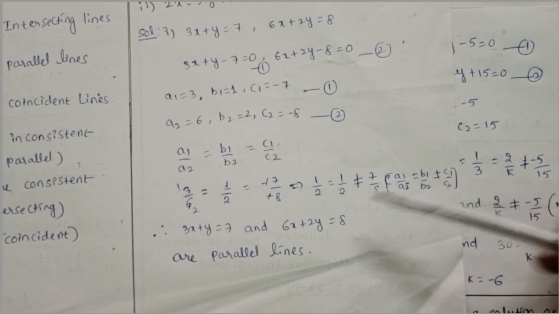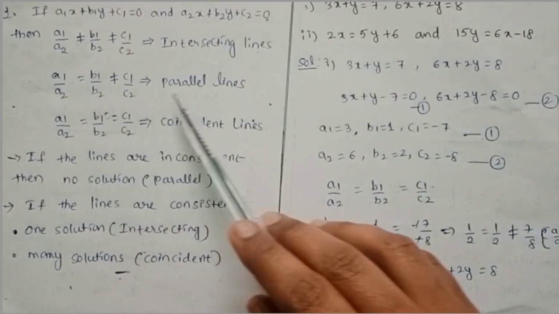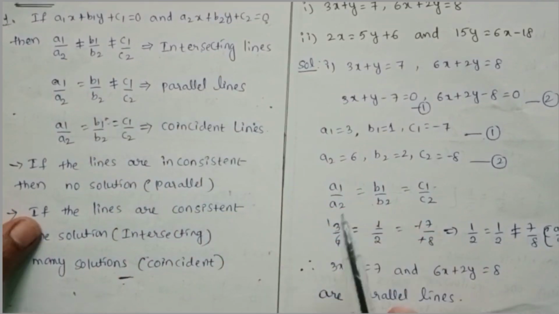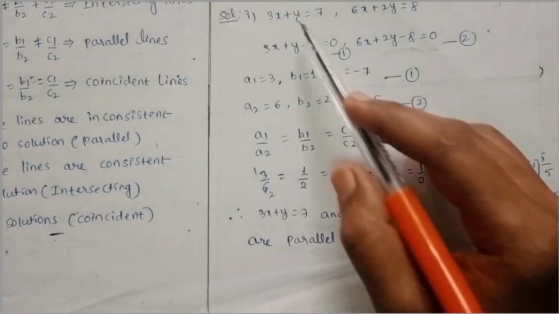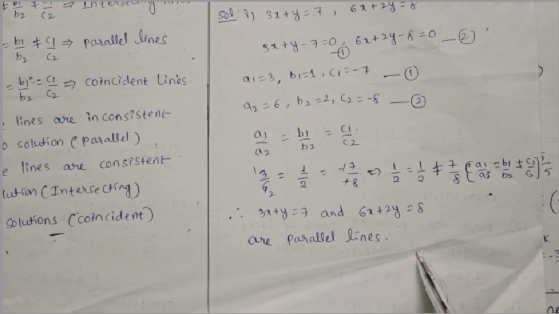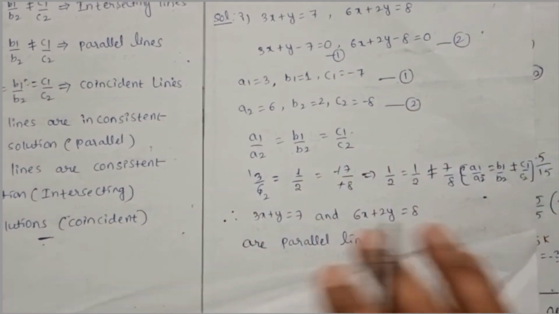The lines are parallel lines. From this we can say the lines are parallel using this formula. So finally the answer is 3x plus y is equal to 7 and 6x plus 2y is equal to 8 are parallel lines. You may get this type of question.